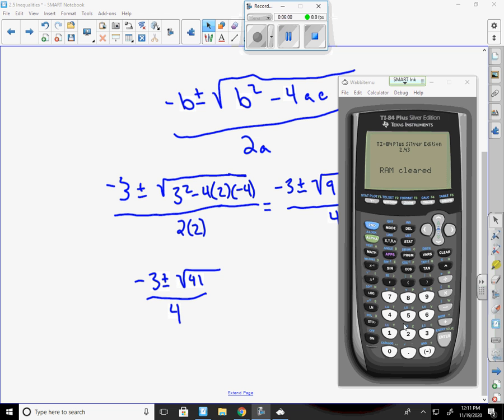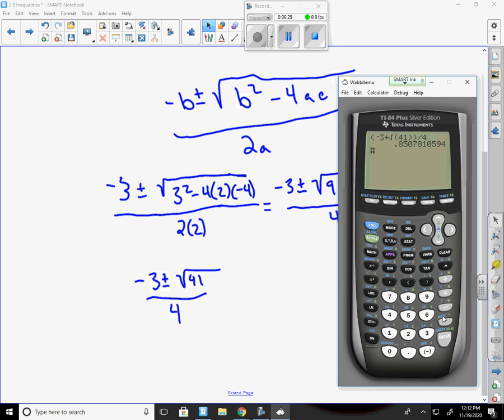If I plug this into the calculator, negative 3 plus square root of 41, close your parentheses, divided by 4, gives us 0.8507, which is basically 0.851.